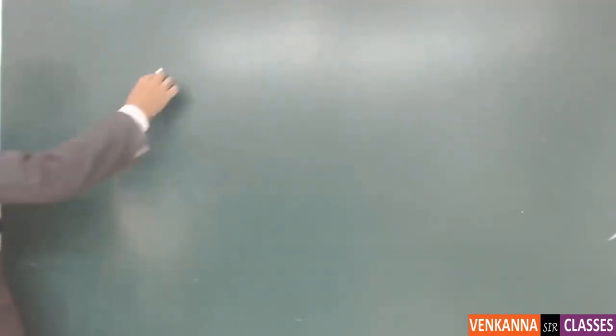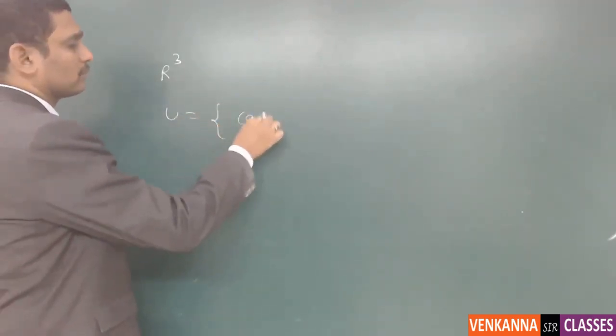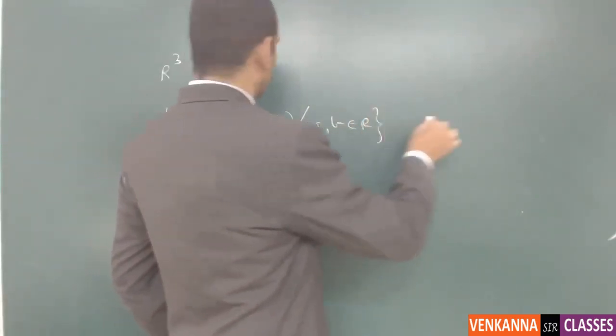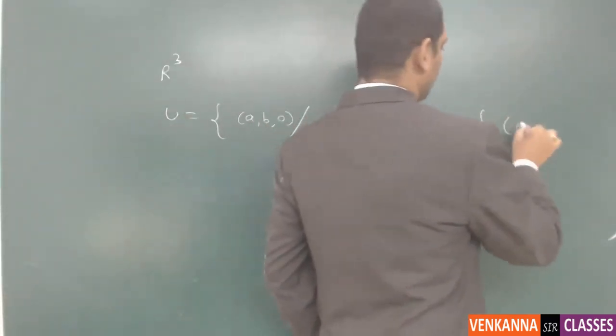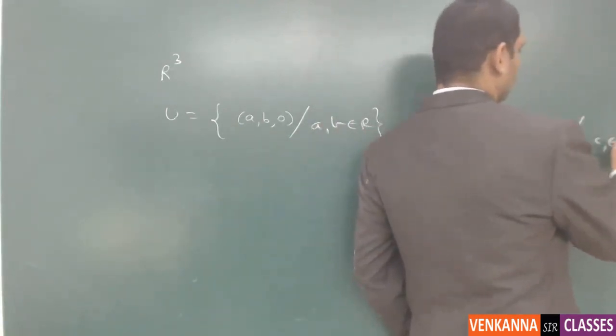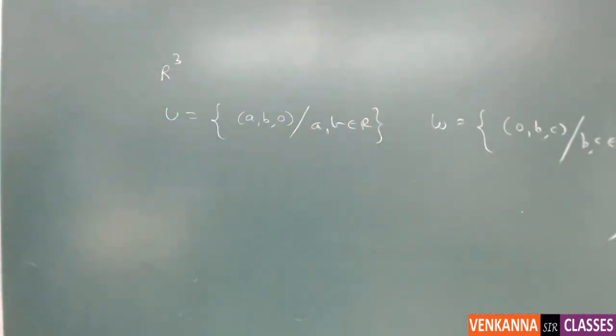Now consider the vector space R cube, the 3D space. Here I have taken two subspaces for it, possibly the xy plane and say the yz plane. Now let us do a small observation.